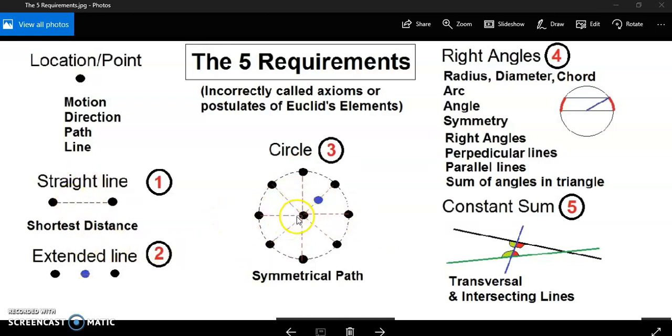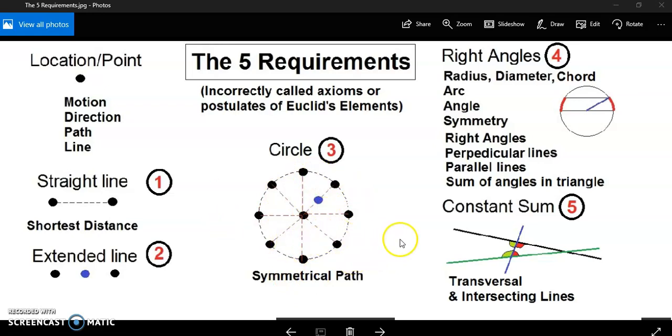So you can say, well, it's that path, we won't say symmetrical yet, it's that path from which all the distances to the center are the same straight line, and that if any of the shortest distances are extended, as you see here, let's say this distance here is extended, then it will again meet the path. You see, if you don't put that clarification in there, then you may not actually have a circular path, okay?